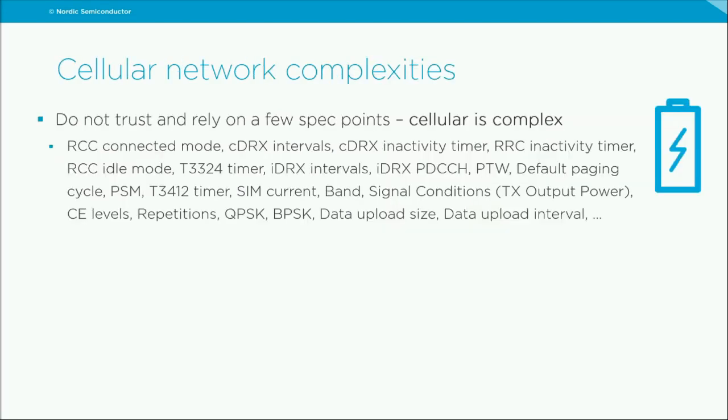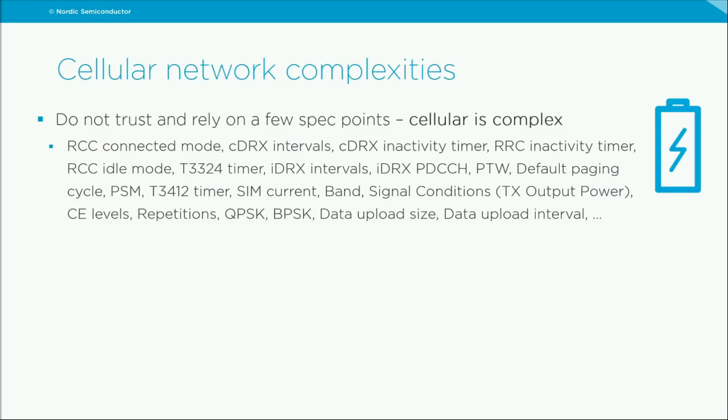So these are just some things that you should be aware of with cellular IoT development. There are some network complexities. We advise you not to trust and rely on a few spec points when you compare cellular modems, for example, because cellular is complex and we have many different parameters that affect power consumption.